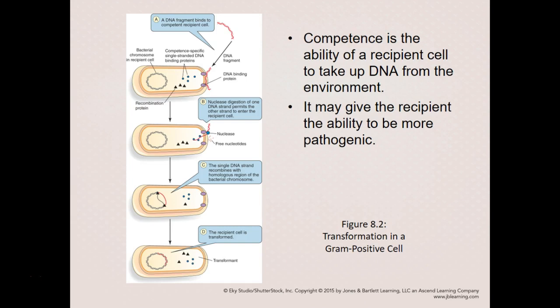If you're a competent cell, you can take in DNA, kind of like if you are competent in a subject, you take in that subject and you have that knowledge. Okay? So if you're not competent, then you cannot take in the DNA, and that means you're not going to be able to be transformed.